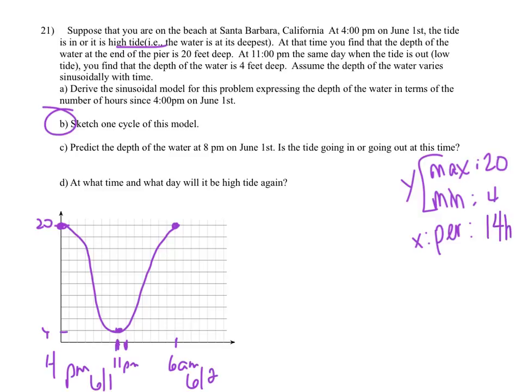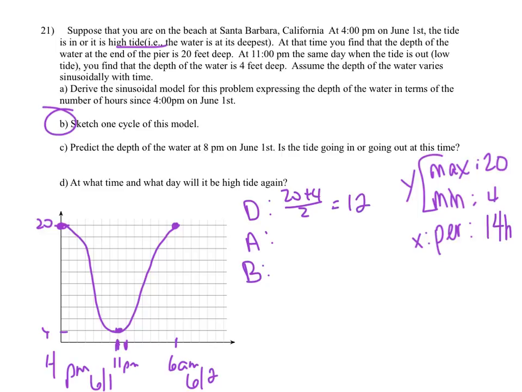Now what I have to do is find my pieces. To write the equation, I need D, I need A, and I need B. Max plus min divided by 2: that's 24, so D is 12.